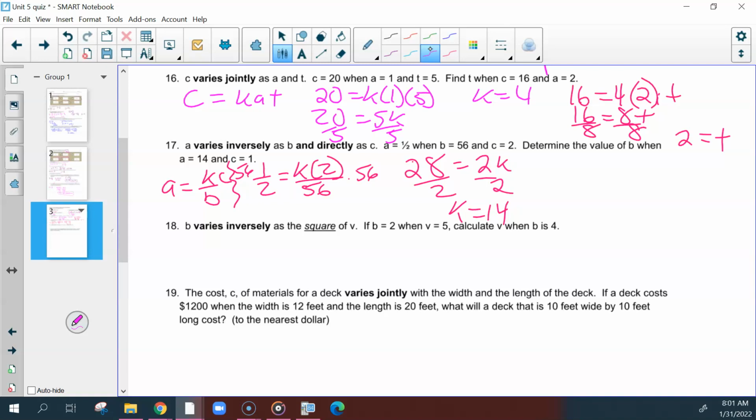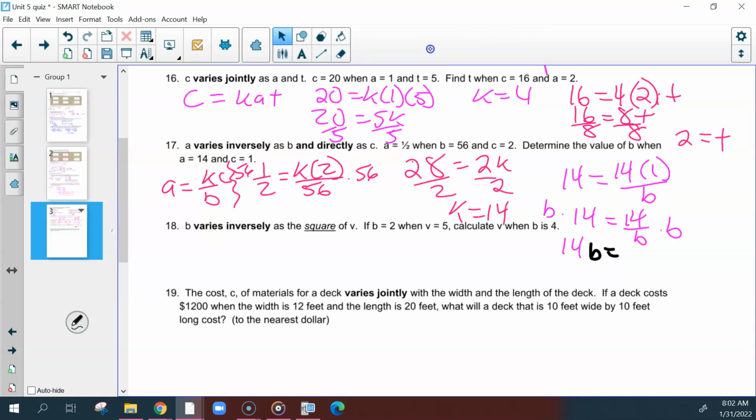So we have 14 equals 14 times our value of C, which was 1, and we're looking for B. So we know this is 14 equals 14 over B. I could multiply both sides by B to get it out of the denominator, and then divide both sides by 14.